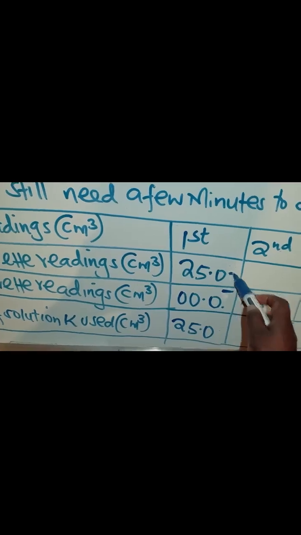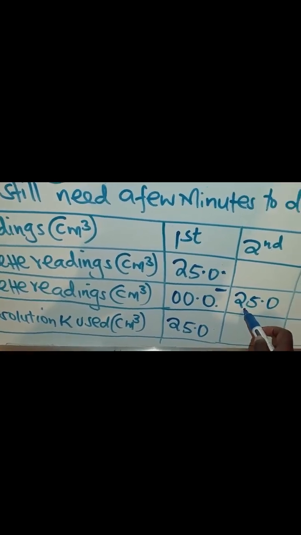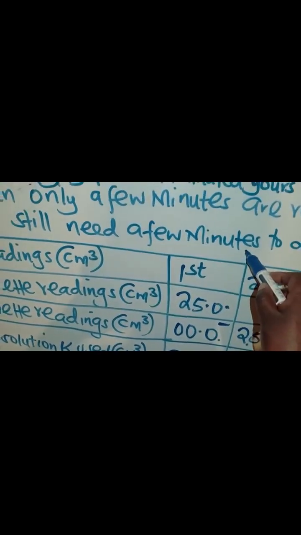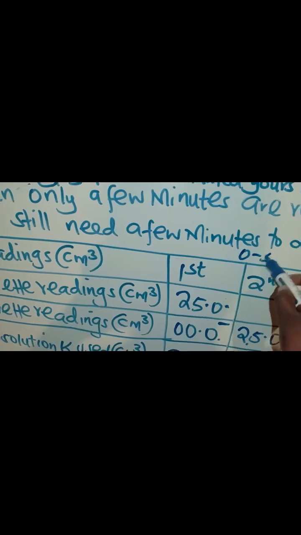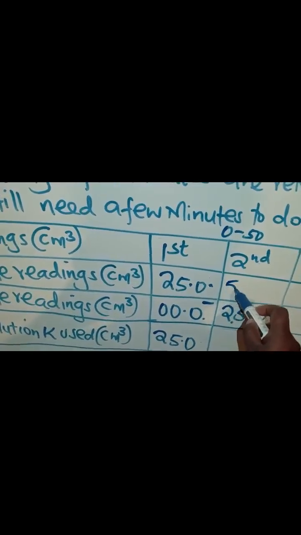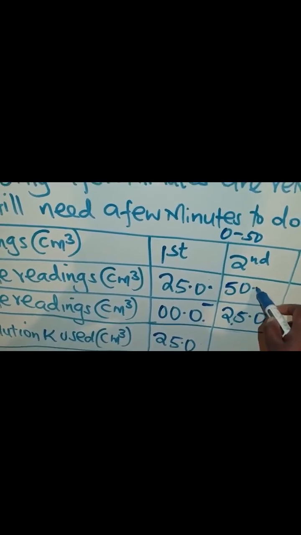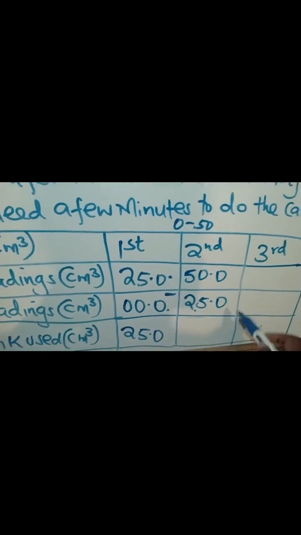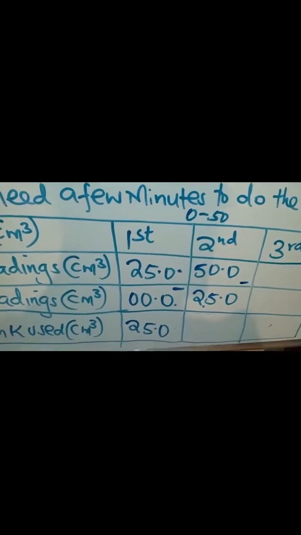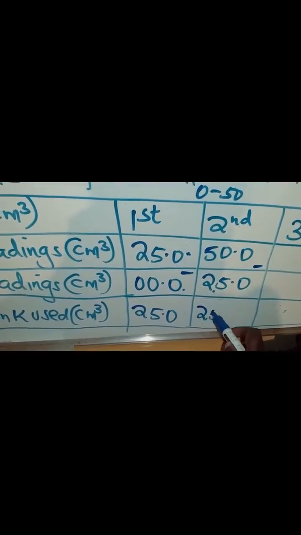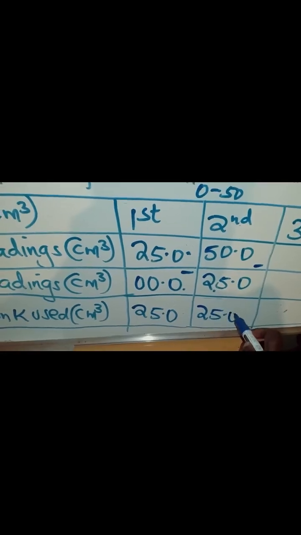The final should be the initial for the second. And now that the whole burette is from 0 to 50, you can only say that this one went down to 50. Then you subtract. Then you get 25.0.